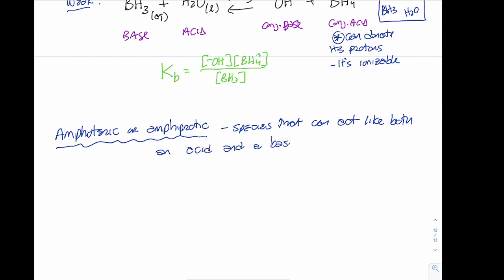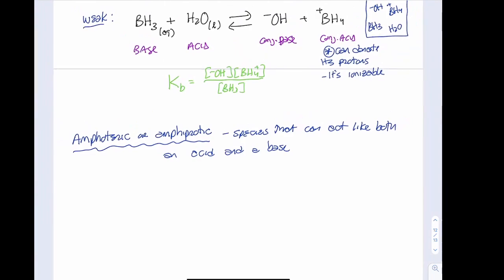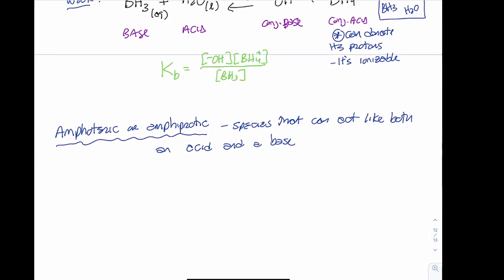So meaning they can donate a proton, they can also gain a proton. And I'm talking Bronsted-Lowry here again. So act both like a Bronsted-Lowry acid and a Bronsted-Lowry base. We should specify that. It's really safe to assume, unless I specify a different theory, I am talking about Bronsted-Lowry.